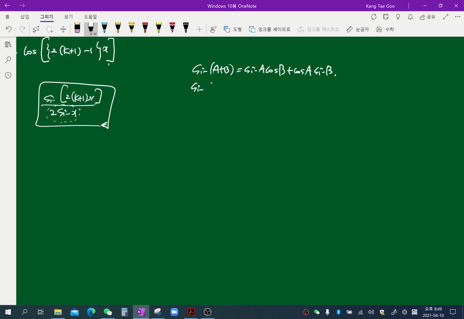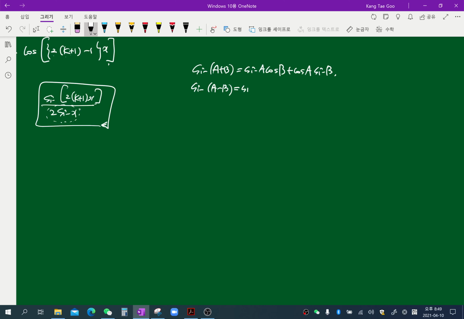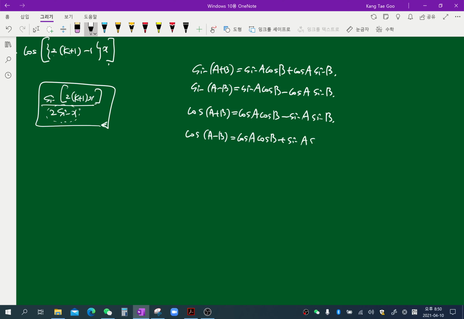And then sine (a minus b) goes to sine a cosine b minus cosine a sine b. Cosine (a plus b) goes to cosine a cosine b minus sine a sine b. Cosine (a minus b) goes to cosine a cosine b plus sine a sine b, right?